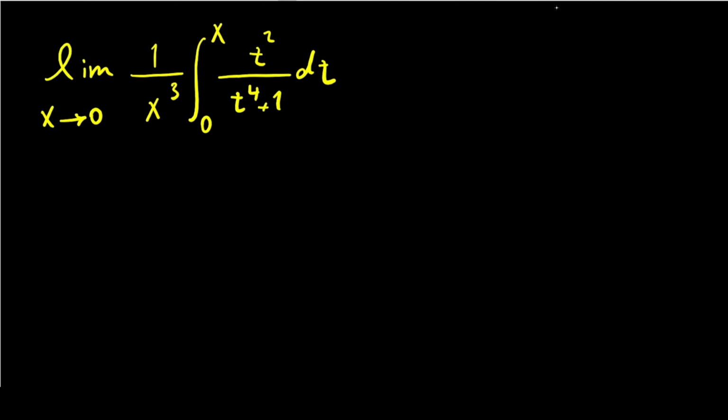For the first step we can put 0 in this expression, so in the denominator you can write 0, and on the top we have the integral from 0 to 0 of t squared divided by t to the power of 4 plus 1 dt, and that equals 0 divided by 0.